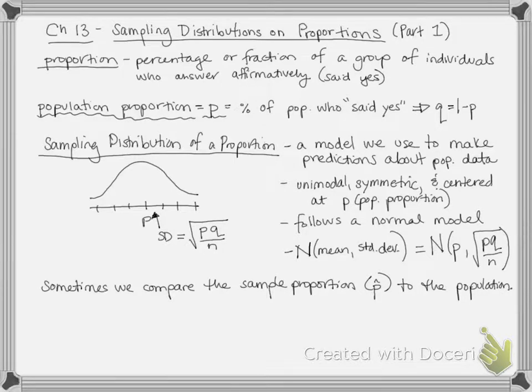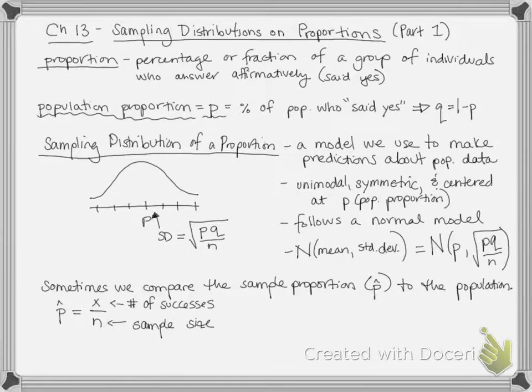When we do that, we think of the sample proportion, p hat, as equal to the number of people who said yes, the number of successes, divided by the sample size, and we'll be consistent using n as sample size for the remainder of the unit.